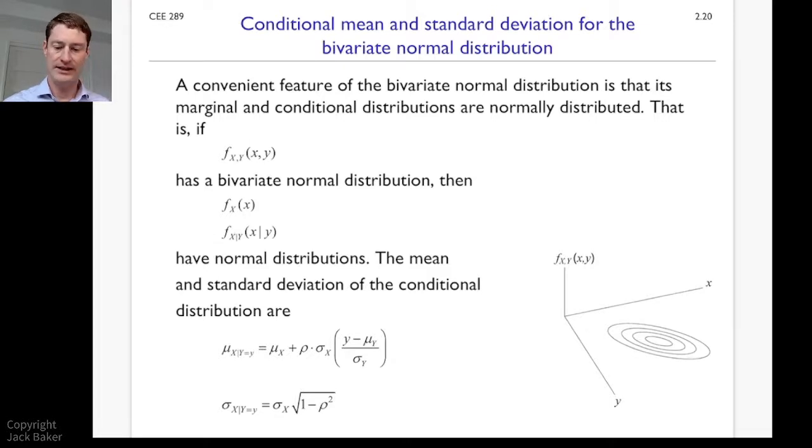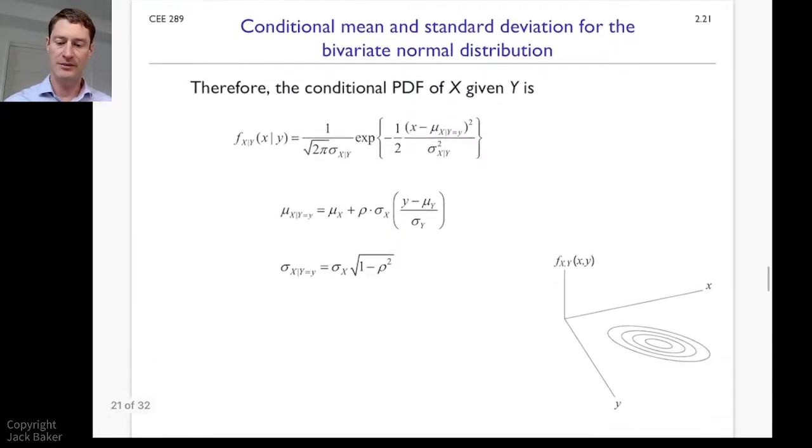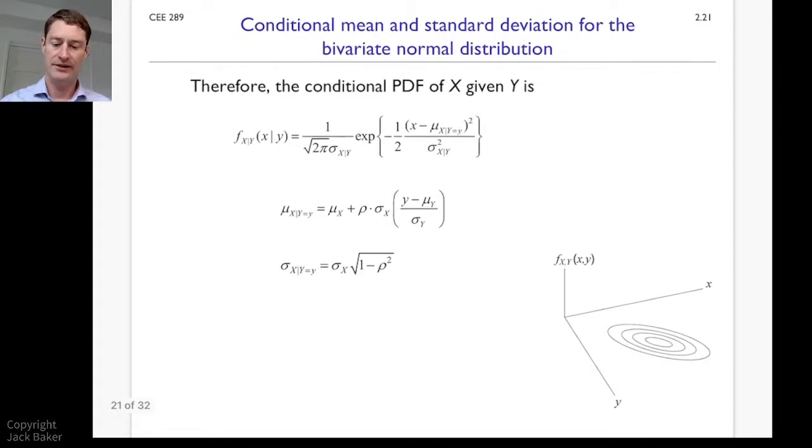Let's go one more slide and look at this a little bit more. So if I've got x and y that have a joint or bivariate normal distribution, that's illustrated here in the bottom right. These ellipses down here are contours of the bivariate normal distribution.